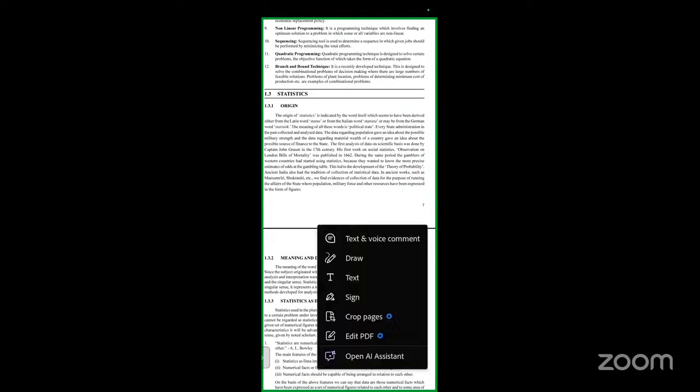His first work on social studies, Observations on the London Bills of Mortality, was published in 1662.